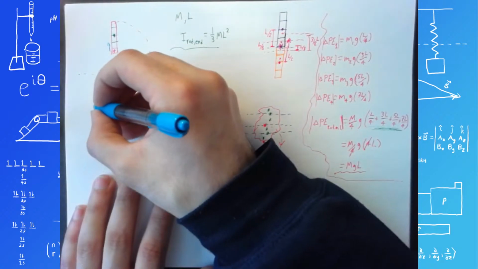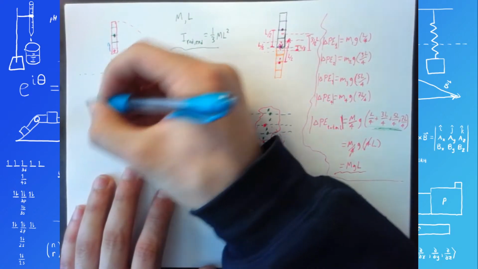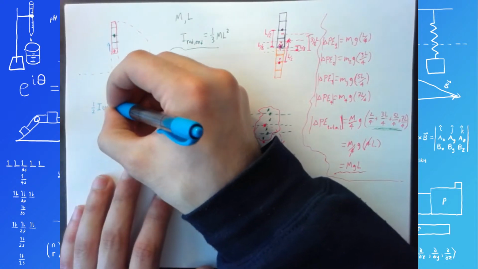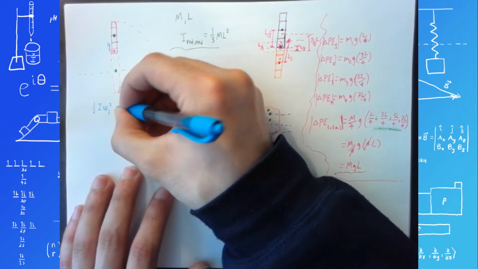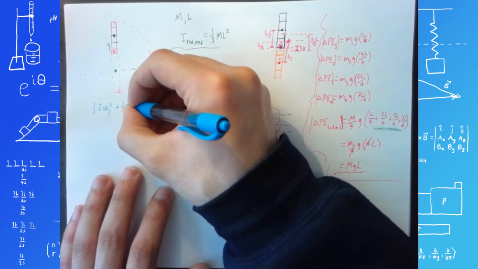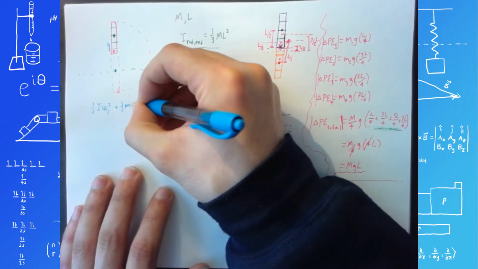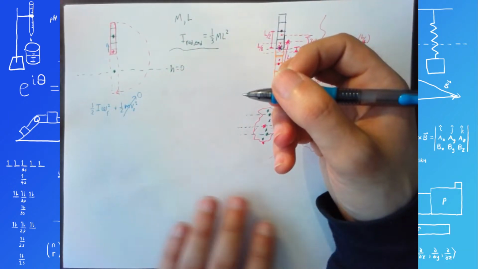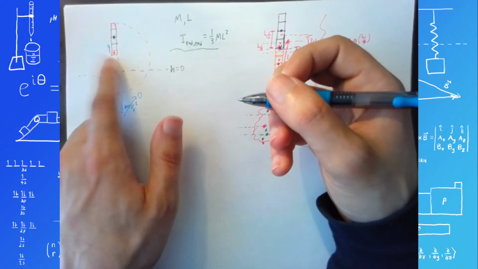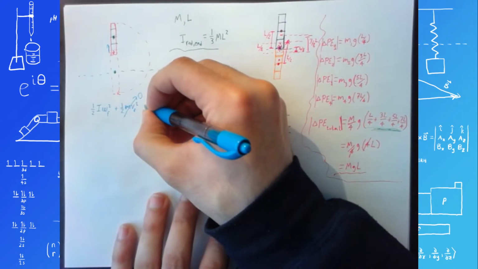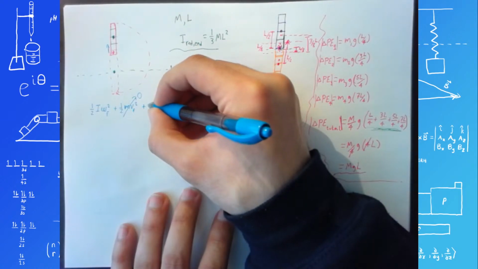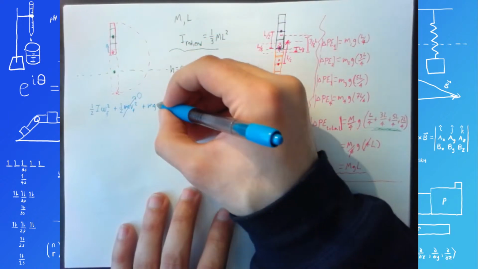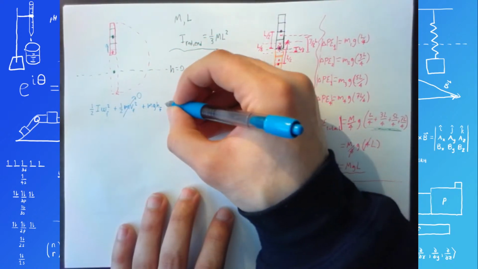So I can say 1/2 I omega final squared plus 1/2 m v final squared. This is going to be 0. There's no translational kinetic energy here because the axis of rotation did not move. Plus m g h final, or I guess I should be using the capital G, but we'll make the substitutions in a minute.